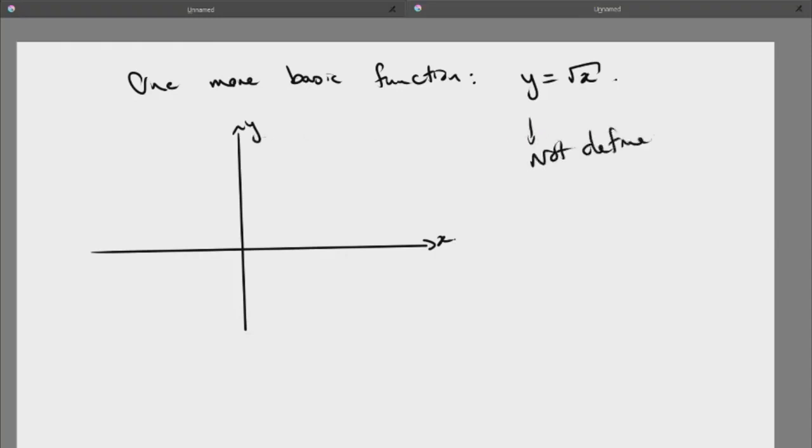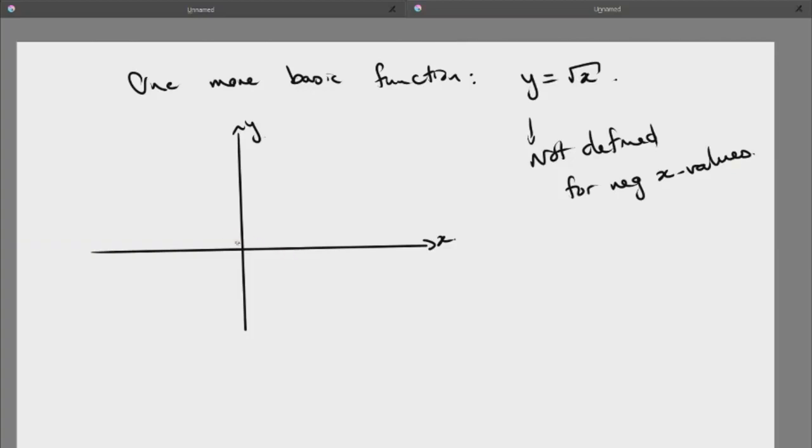Not defined for negative x values. I can't find a real number answer when I plug in a negative number in my square root. Whereas all the polynomials, they will give me an answer for any input I choose. They're really nice in that sense.